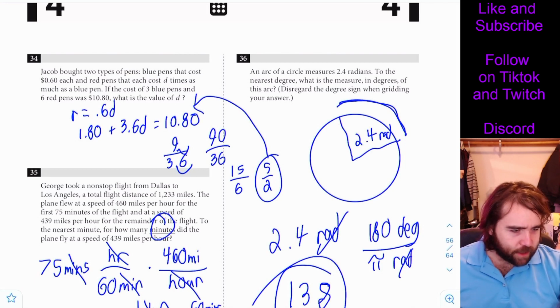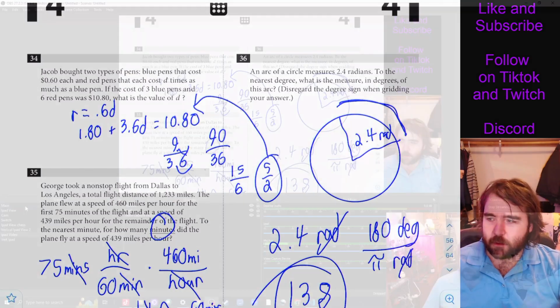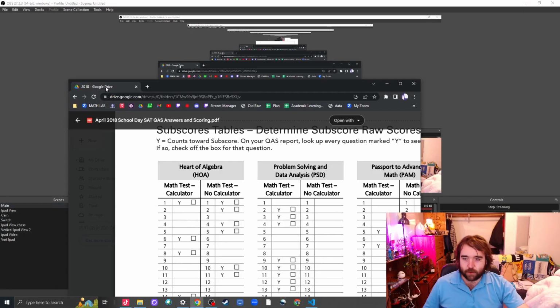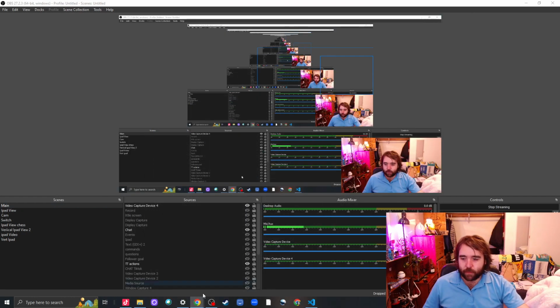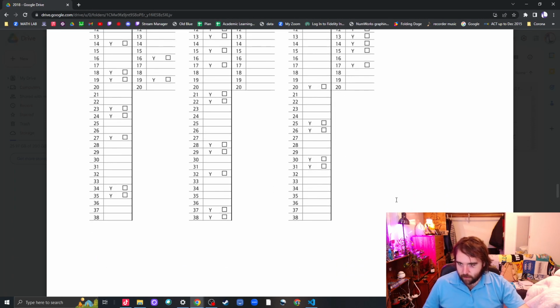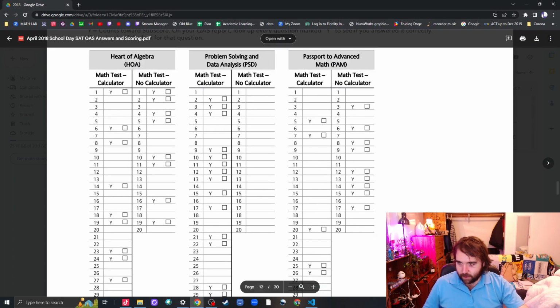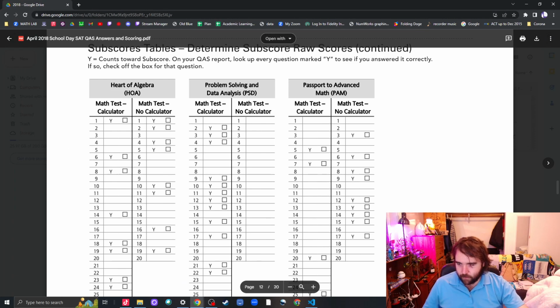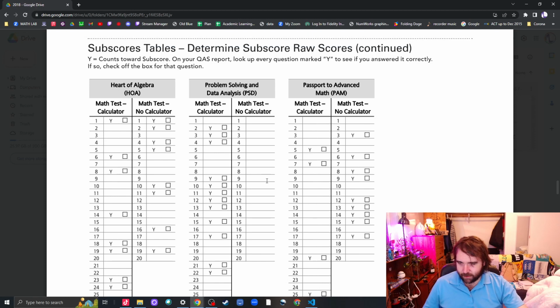I'm looking at this thing here. I can do this and then drag this over here. So I'm looking at these. I guess this is just listing all the different sections the problems are in. So interesting, there's no problem solving and statistics, which I did point out on the no calculator part.